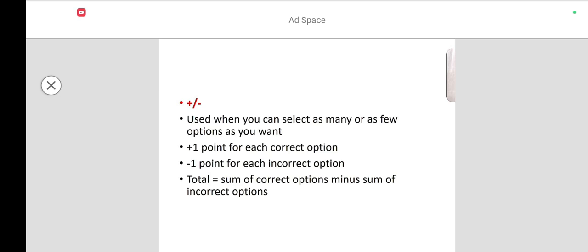So you will get 3 minus 1, that is 2. You will get 2 marks for that SATA question.